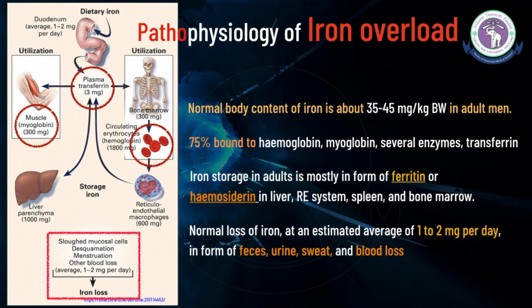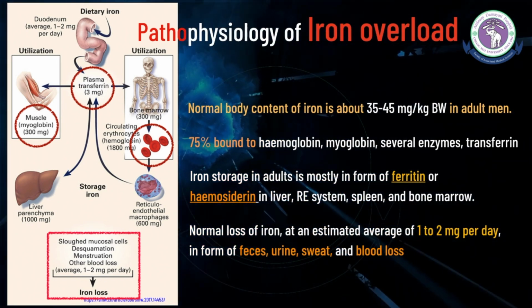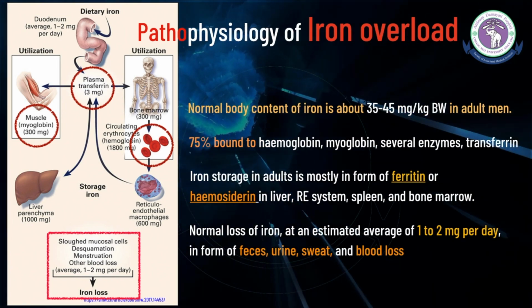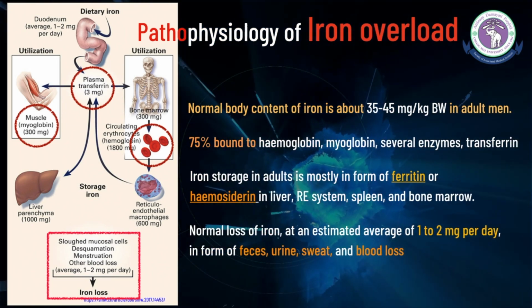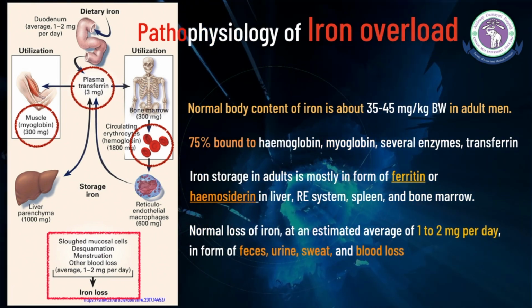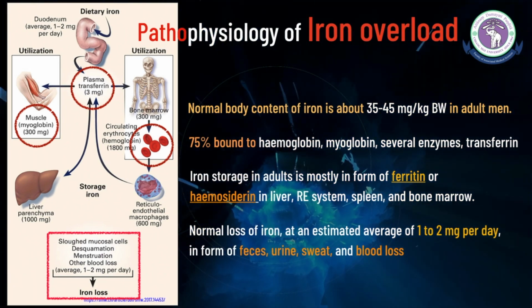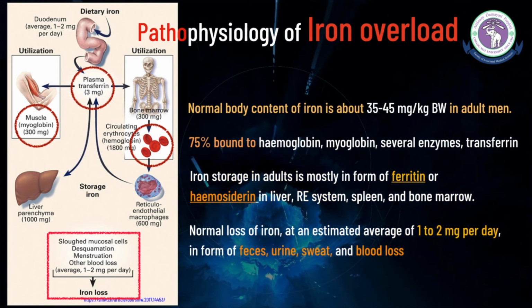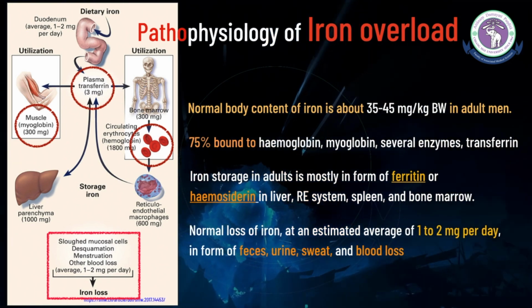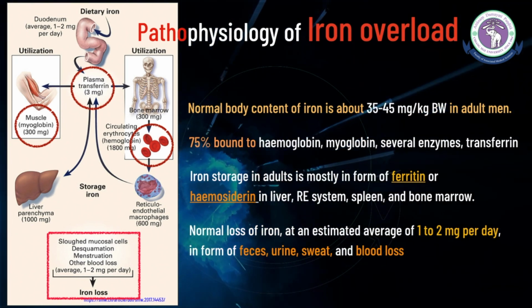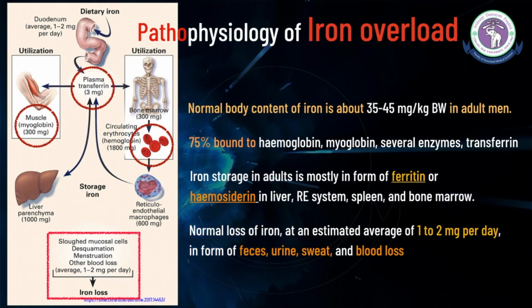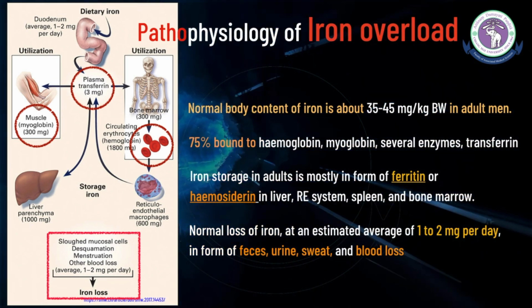When the accumulation of iron overwhelms the capacity for safe storage, tissues will be damaged. Sites of accumulation include the RE system, liver, heart, spleen, and endocrine glands. Damage to accumulation sites leads to functional failure of organs, resulting in signs and symptoms.